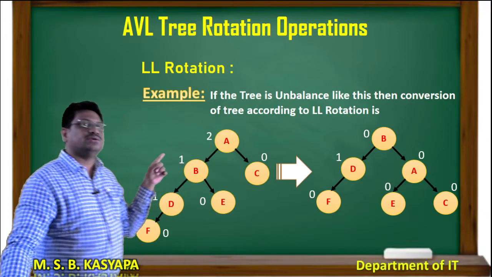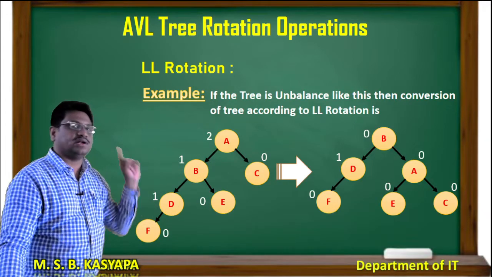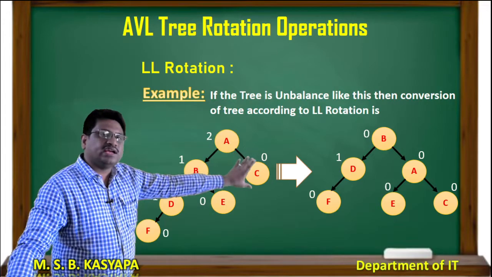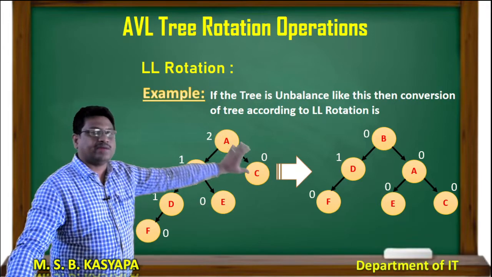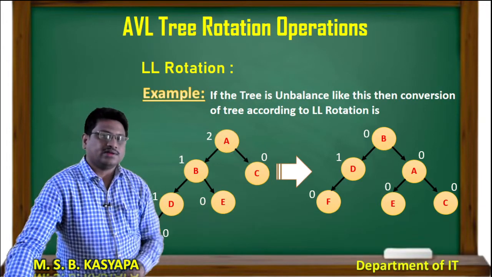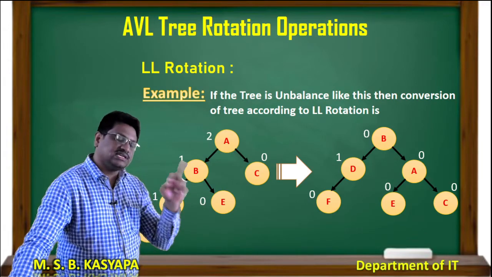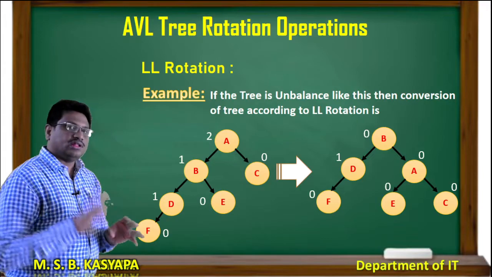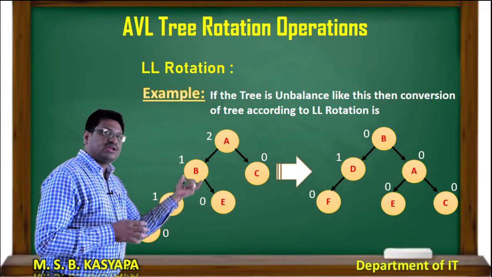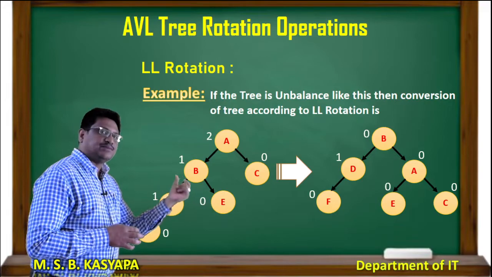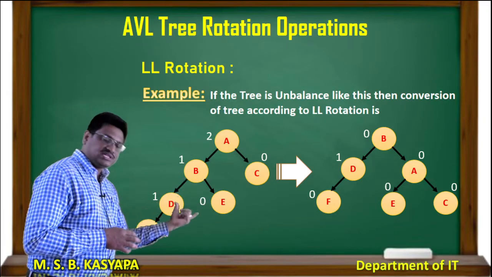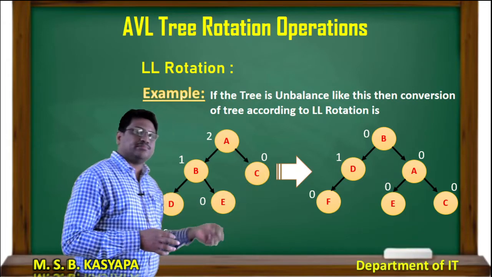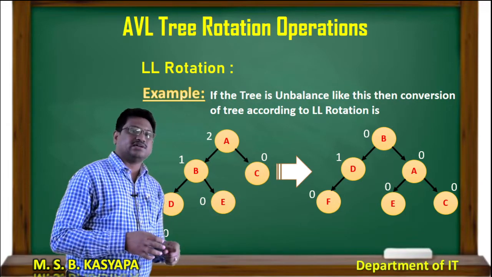A is the root node in the previous tree. If A has any right subtree, make it a right subtree for A. If you see in the diagram, C is the right subtree, so I am making it the same. Now, if the new root node had any right subtrees in the old diagram, they will be moved to the right subtree's left child.